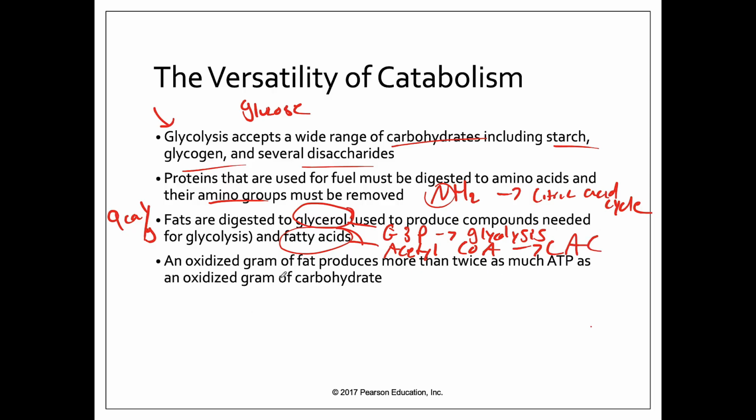We know that fat produces more than twice the amount of ATP as carbohydrates or proteins. So fat is going to produce about 9 calories per gram, and carbs and proteins only produce about 4 calories per gram. So fat is a highly energetic energy storage molecule.